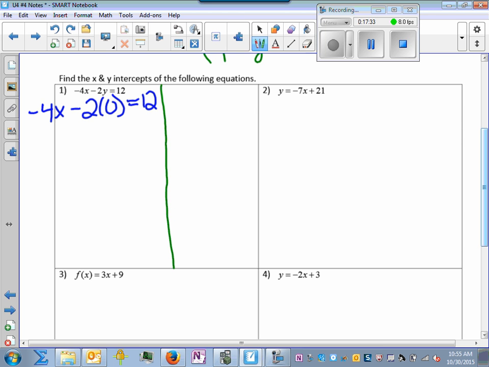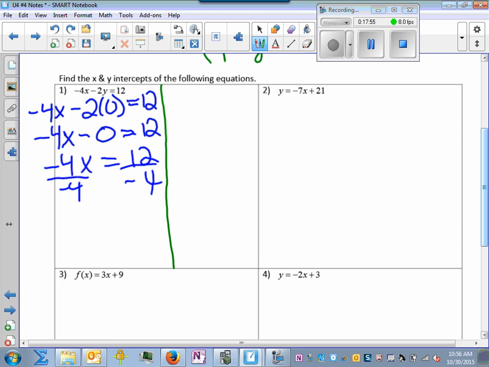So I have negative 4x minus 0 equals 12. What's negative 4x minus 0? Negative 4x. Now what do I do? Divide by negative 4. Don't forget your line. What does x equal? Remember, my 4 is negative.